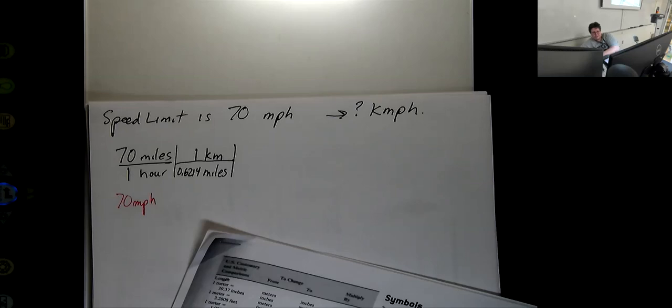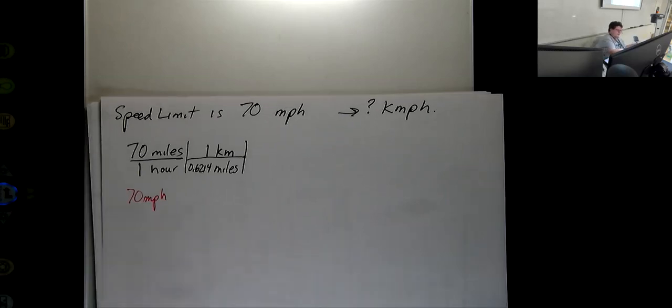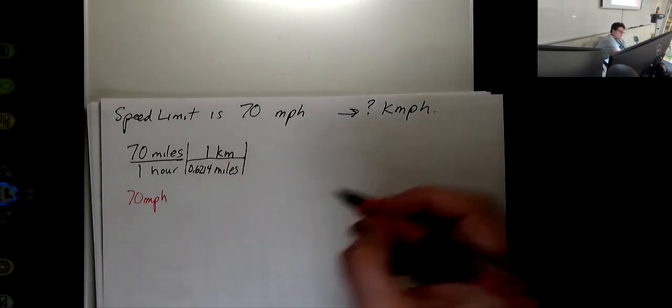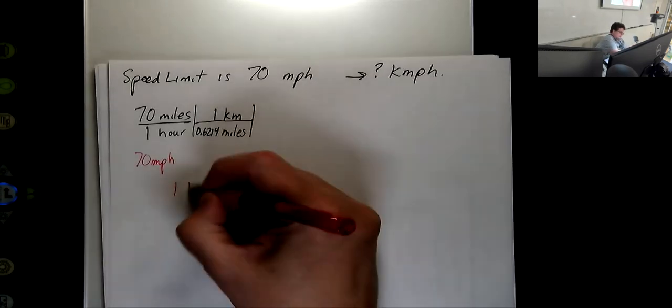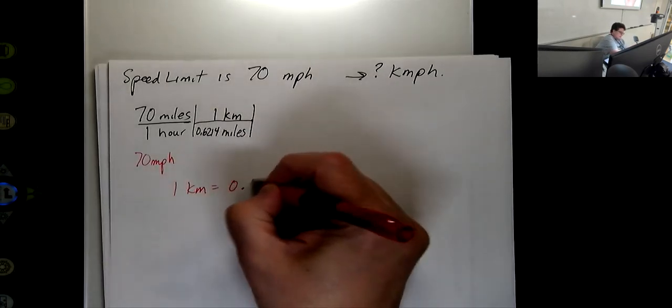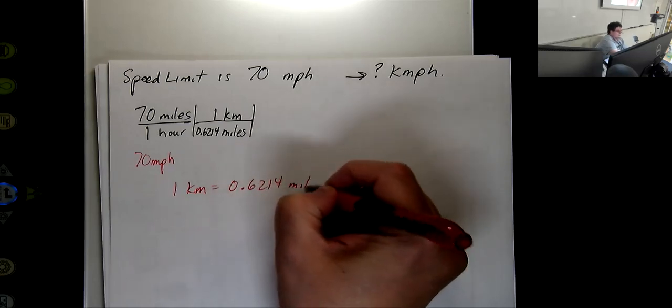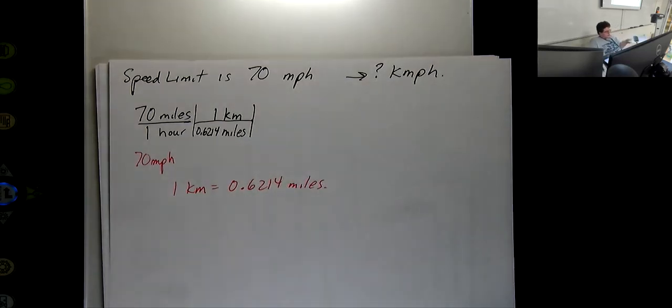Let me look this up real quick. 0.6214. Let me write that a little bit bigger. 1 kilometer is 0.6214 miles. And you have your chart out in front of you. You can find it there too.